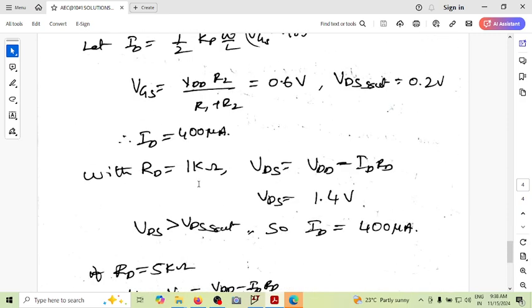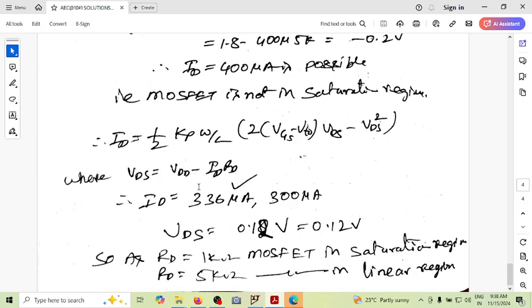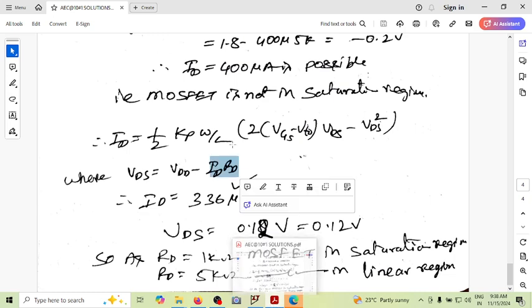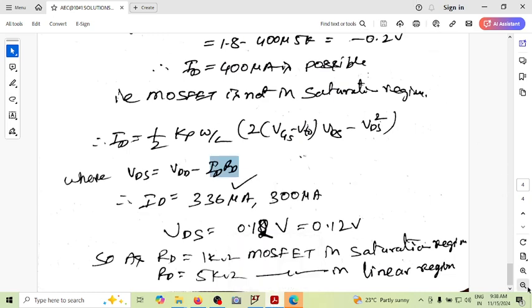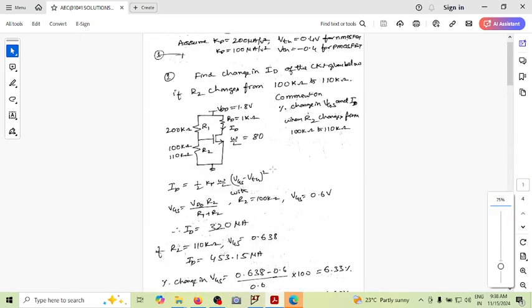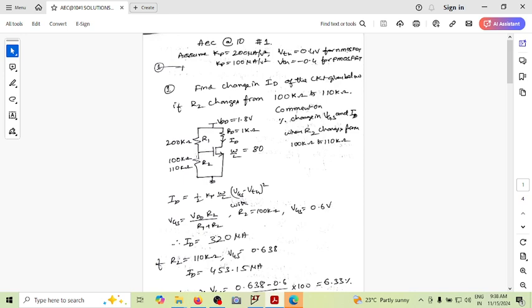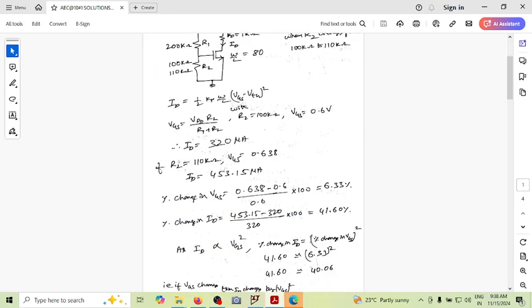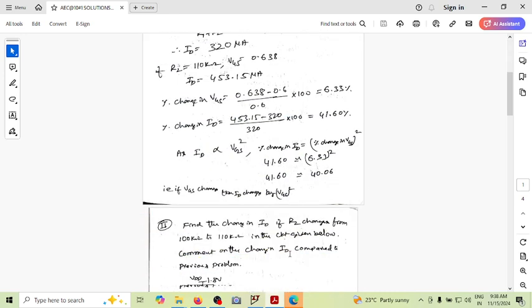Hope this will give you some confidence in understanding why the current changes, and what the change in current is when the value of VGS changes. So if you go back to the summary of this entire thing, we took different problems. In the first case, this is changed from 100 to 110 kilo ohm, and we saw there is a 40% change compared to 6.3%, that is the square of the VGS change.